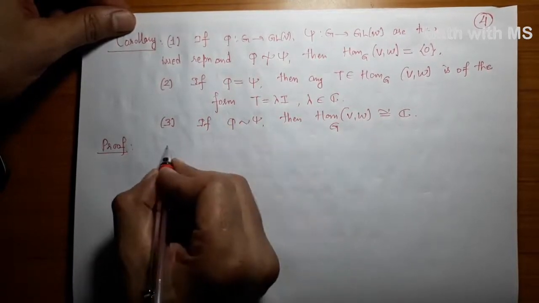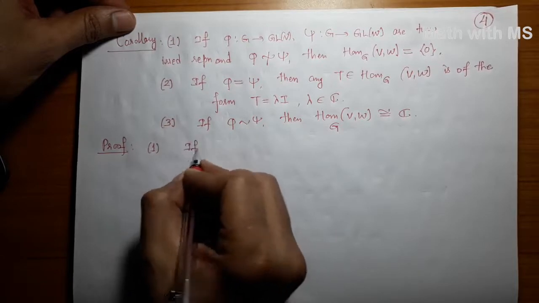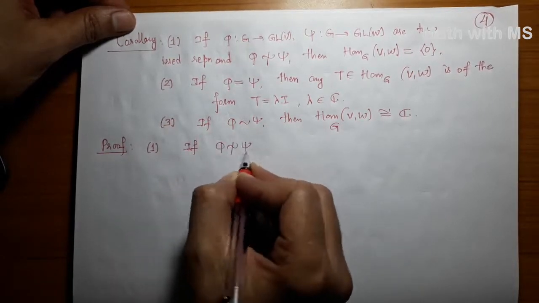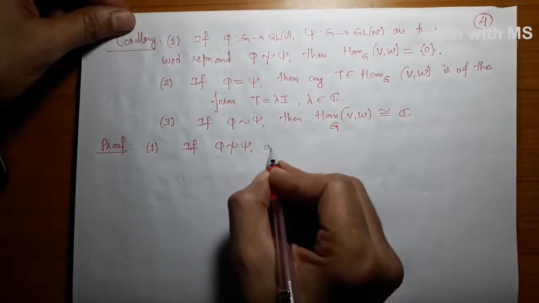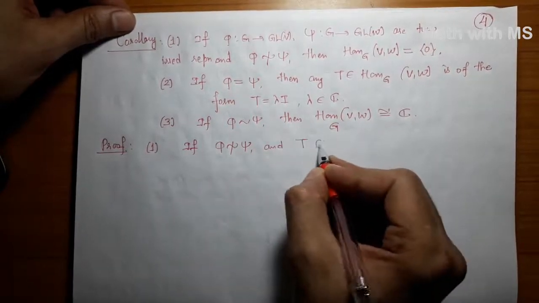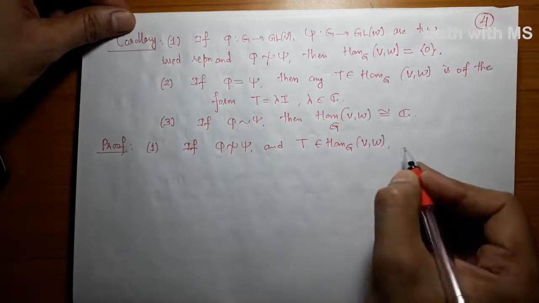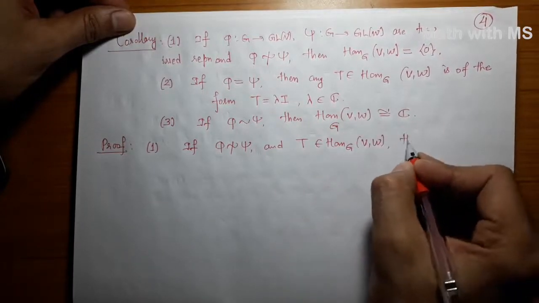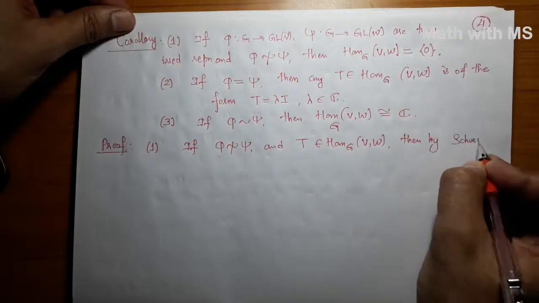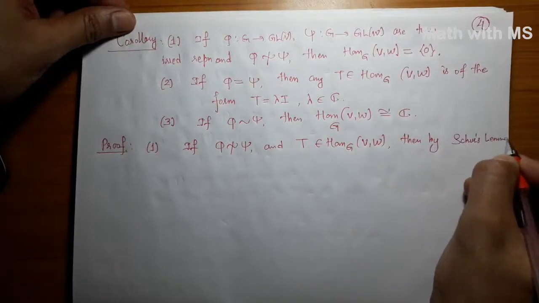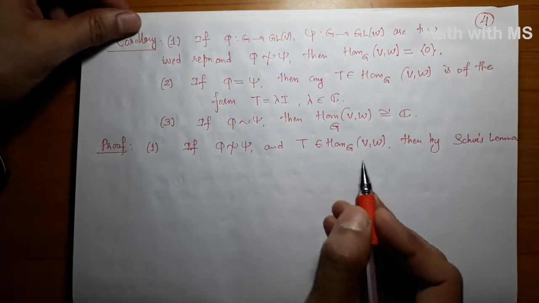Okay, so for the first part, if phi is not equivalent to psi, then what kind of morphism can you have? If phi is not equivalent to psi and T belongs to Hom_G(V, W), then by Schur's lemma, T is either 0 or T is invertible.